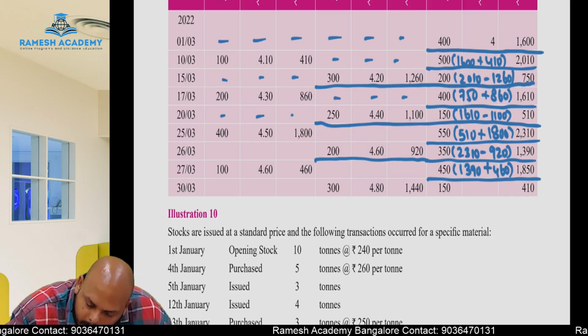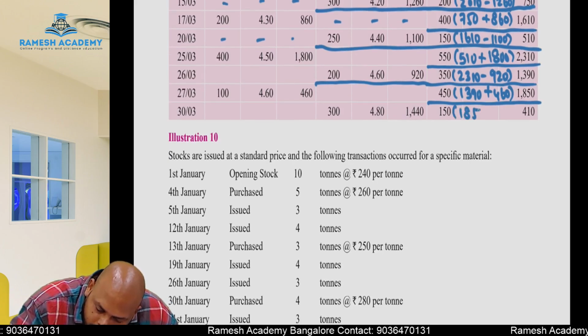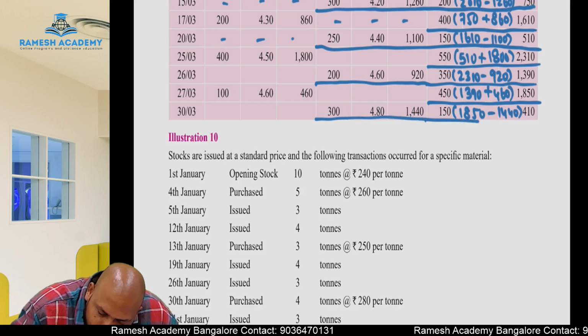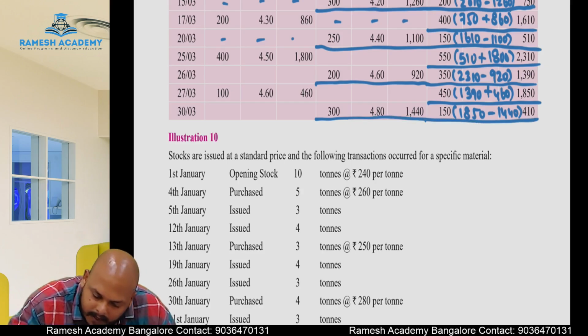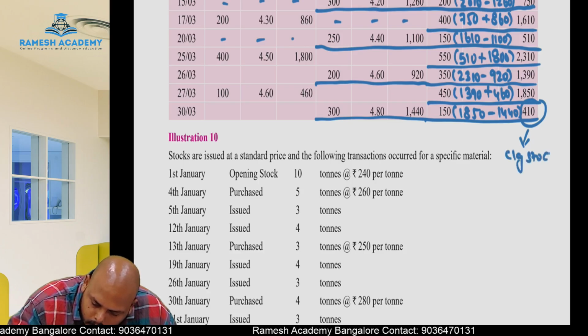That is 1440. 1850 minus 1440, so the balance is 410. If someone asks you for the closing stock value, this is the closing stock value.